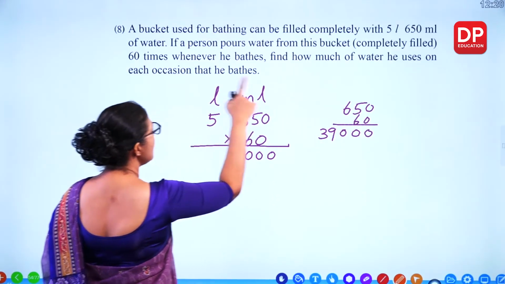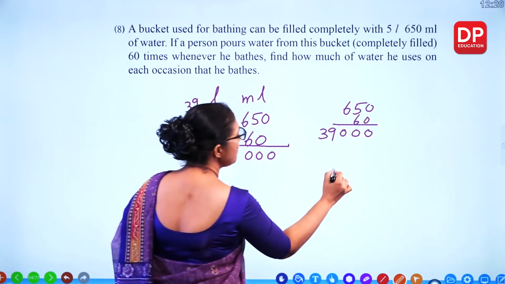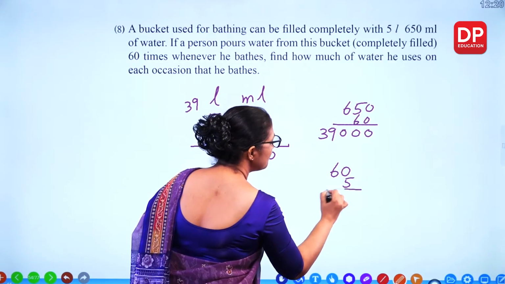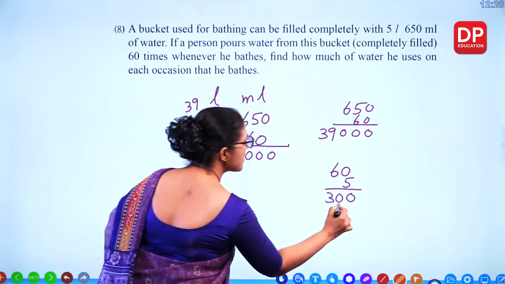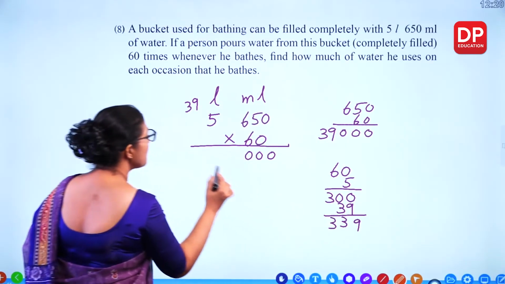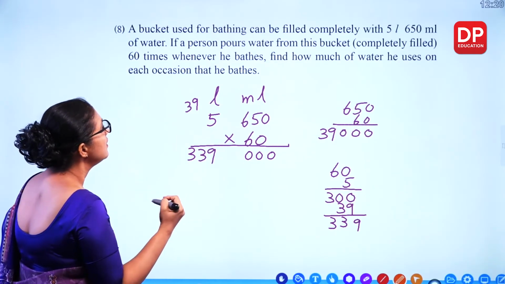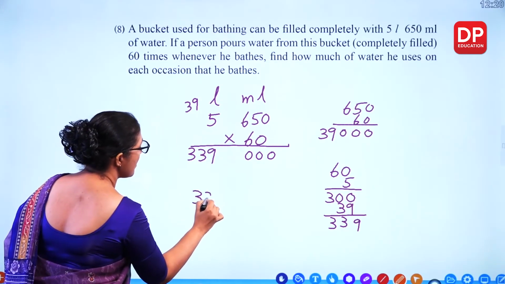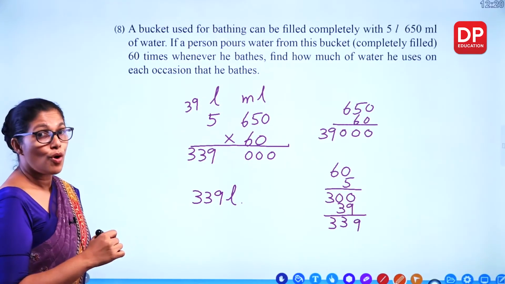And 39, you can take it here. 60 times 5, you get 300. 300 plus 39, 339. So what's the answer? He needs 339 liters of water.